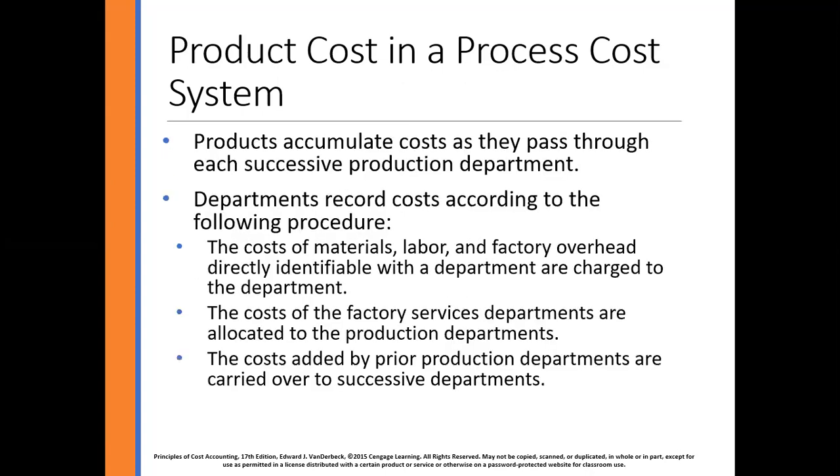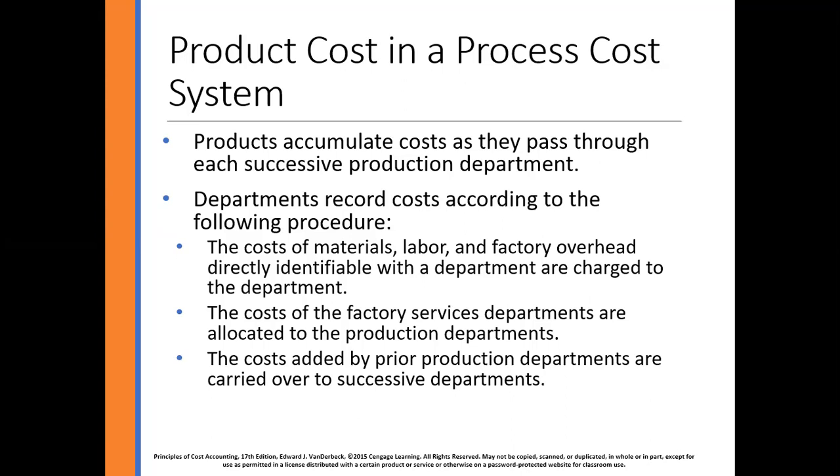So again, we're accumulating material, labor, and overhead costs for each department. The products accumulate costs as they pass through each successive department, and the costs continue to move with that unit through the departments.